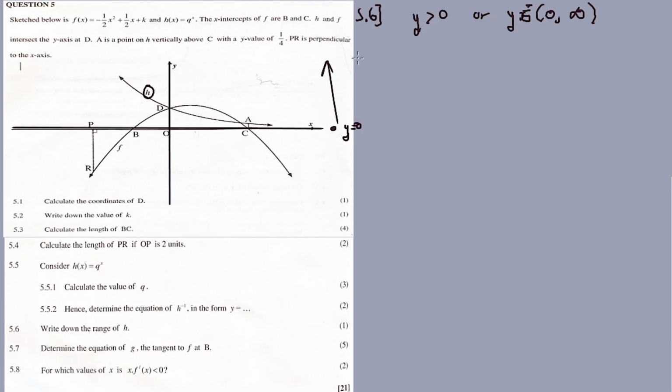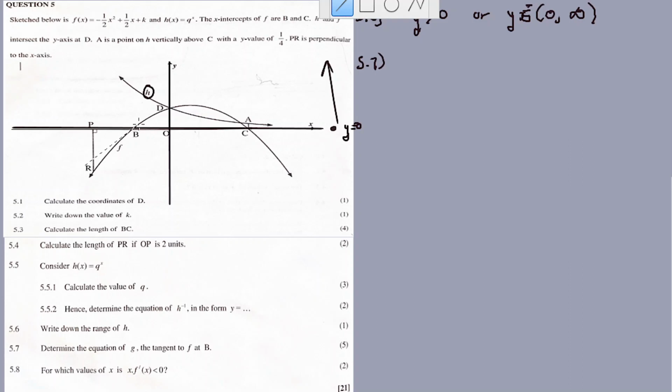Now 5.7: determine the equation of g, the tangent to f at B. Basically there's a line, let me draw it.